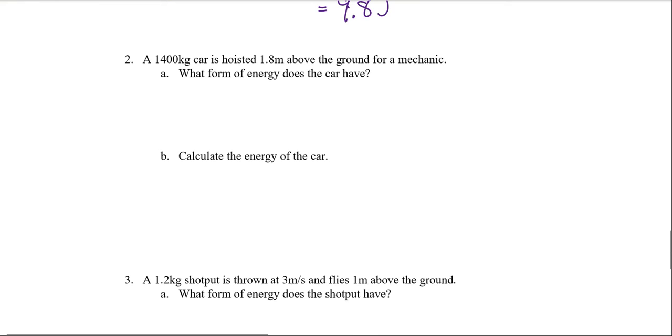What about this second example? A car is hoisted 1.8 meters above the ground for a mechanic. This car was lifted upward. When things are getting lifted upward, we are talking about gravitational potential energy. So let's calculate the energy using the potential energy formula we made earlier.